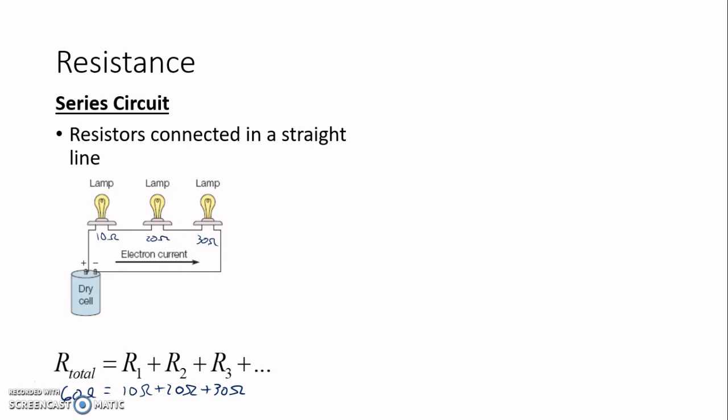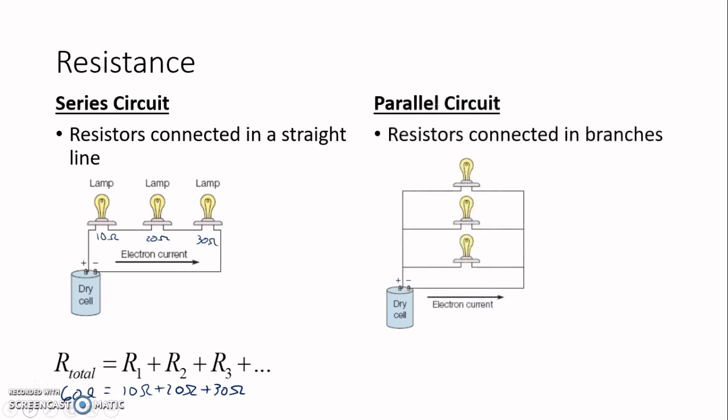All right. The other setup would be a parallel circuit. In this case, you have resistors not in one single line, but in branching lines. The line branches into three or any number of different paths, and one resistor is placed in each path.